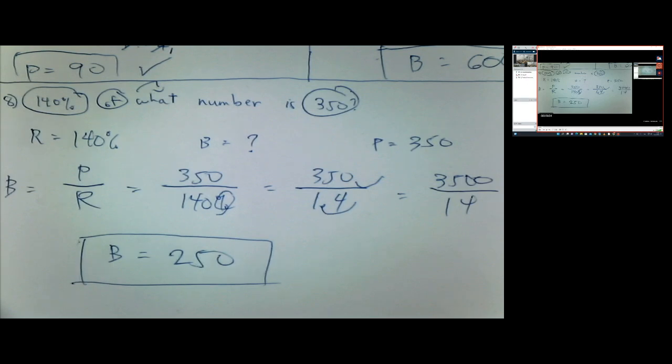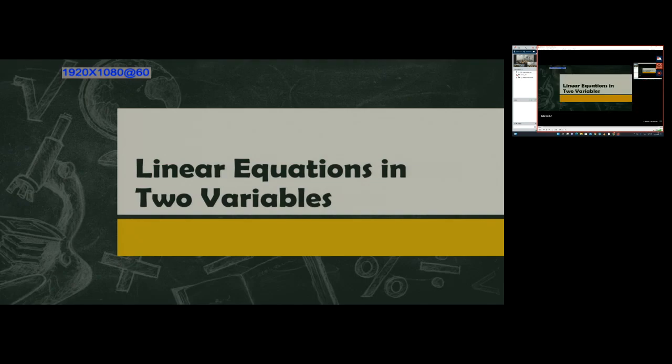And that is... okay. So this will be the next chapter, which is linear equation in two variables, okay? Again, this is the next chapter, next unit.